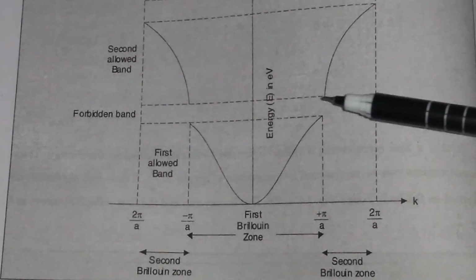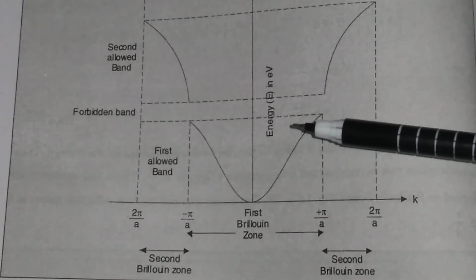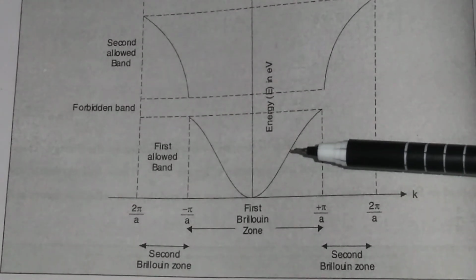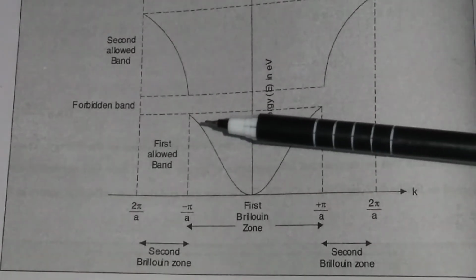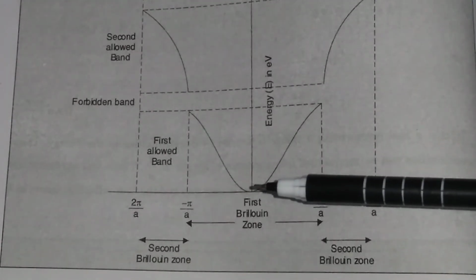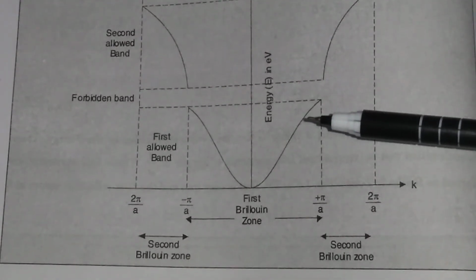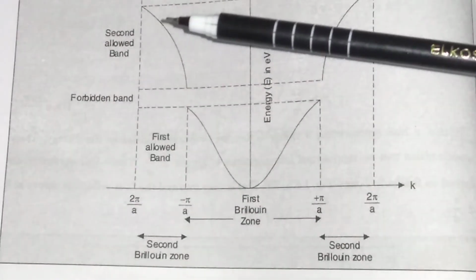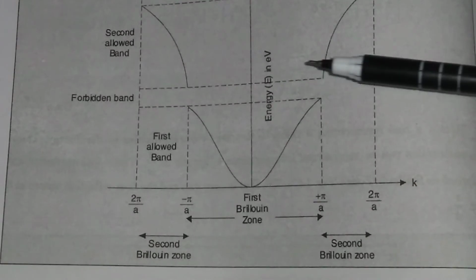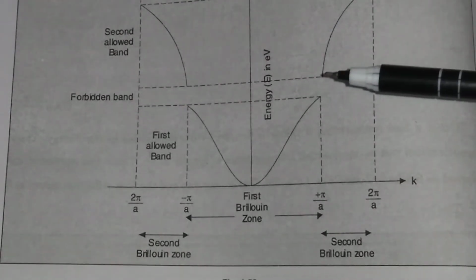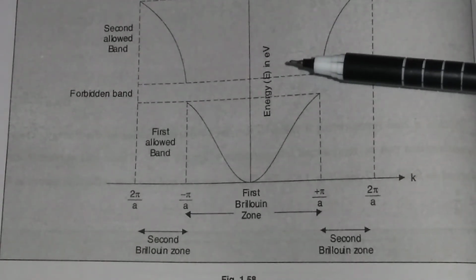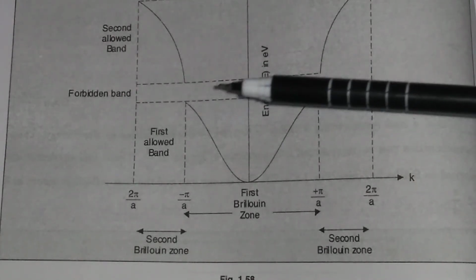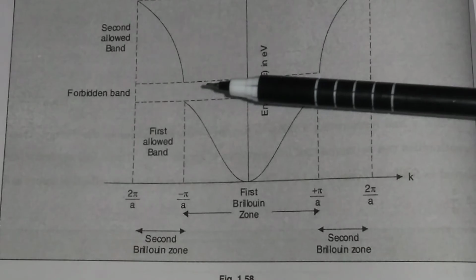In this energy band diagram, we will see how the electron waves are allowed in the first Brillouin zone, and also in the second Brillouin zone. And in between the first and second Brillouin zones, you have a forbidden energy gap. You see, this is the forbidden energy gap.